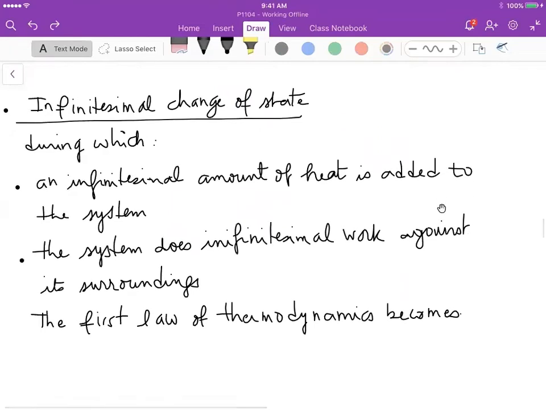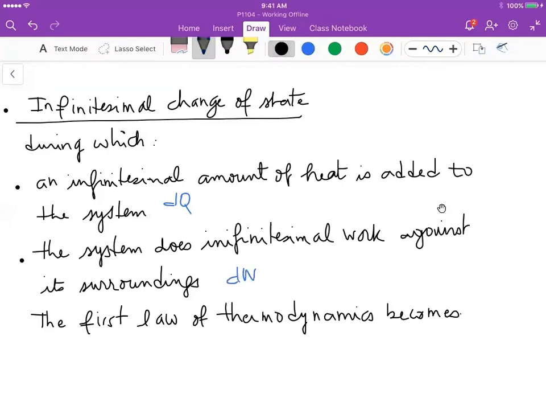Okay, now let's move on with an infinitesimal change of state. Let's assume that you have a system undergoing an infinitesimal change of state during which you have added an infinitesimal amount of heat, let's call it dq, and during which the system does an infinitesimal work against its surrounding, which we are going to denote by dW.